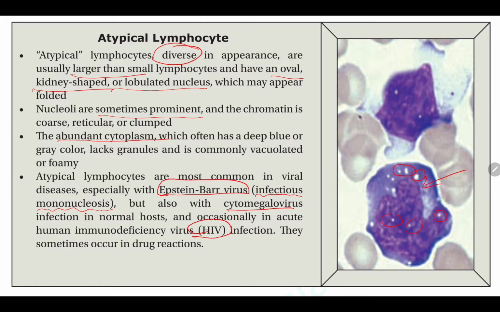In infectious mononucleosis, the atypical lymphocyte is known as the Downy cell. Another name for this atypical lymphocyte is monocytoid lymphocyte, which can be seen in infectious mononucleosis.